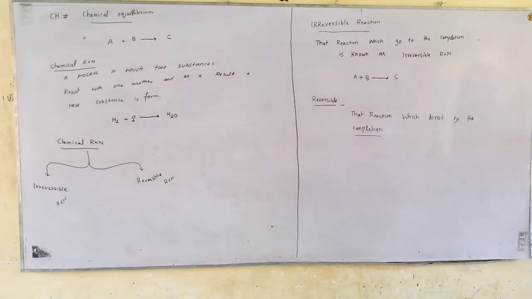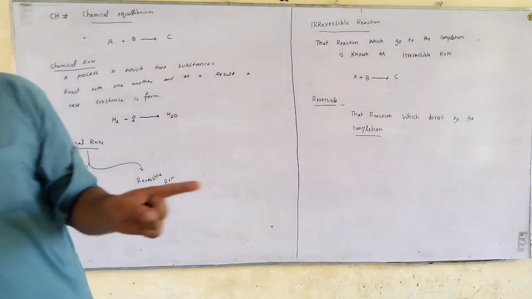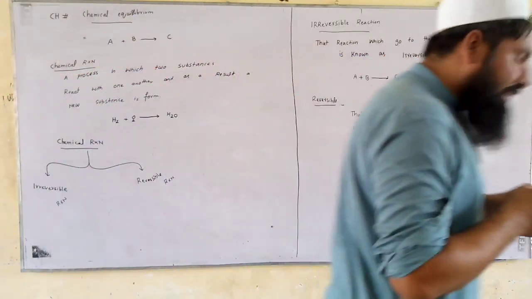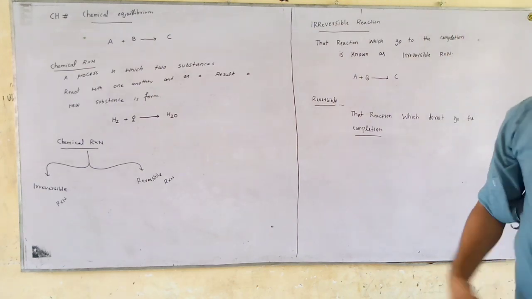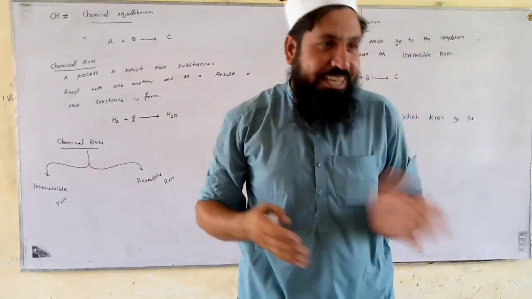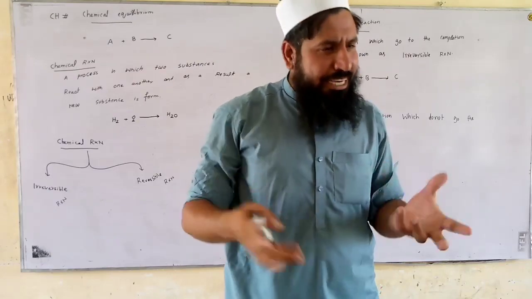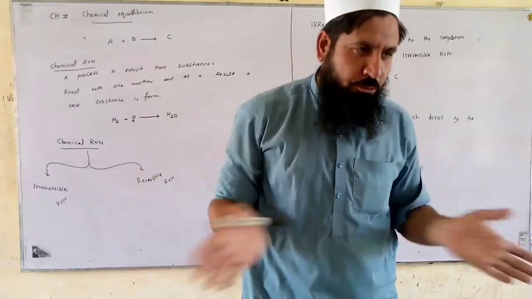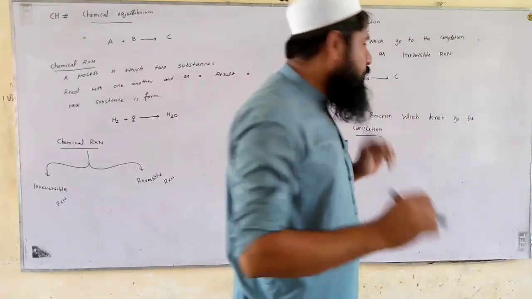Because the product formed reacts with one another and is again converted to the reactants. So at the end we get both: we have the reactants and we have the product. So the reaction does not go to completion.